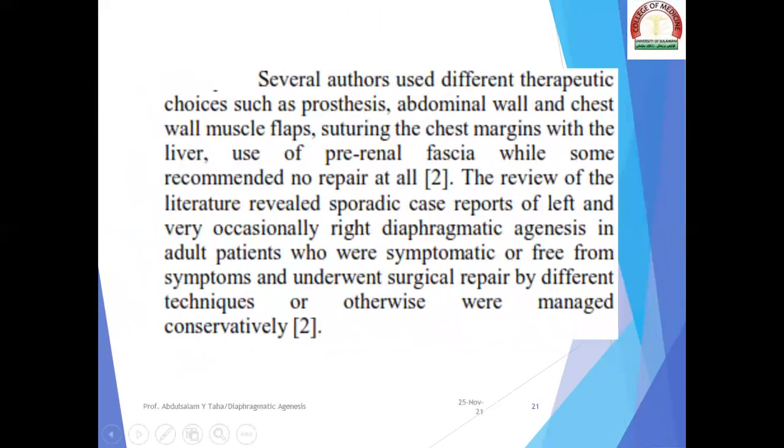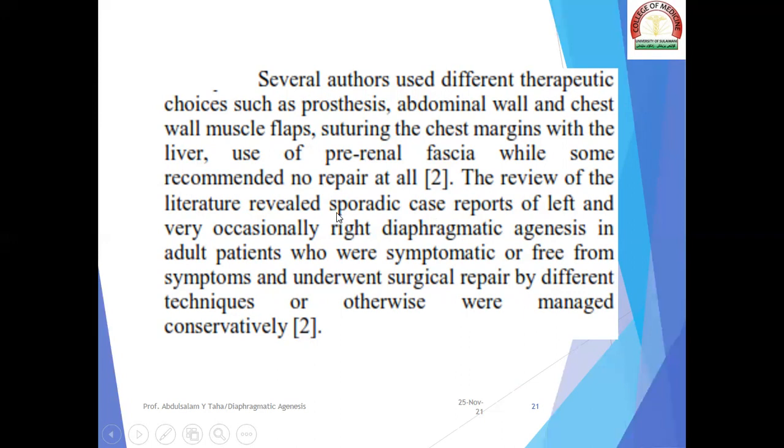Several authors used different therapeutic choices, such as prosthesis, abdominal wall and chest wall muscle flaps, suturing the chest margins with the liver, use of pre-renal fascia, while some recommended no repair at all.